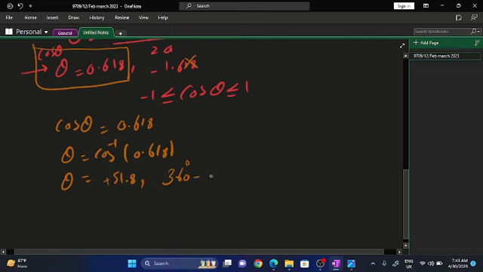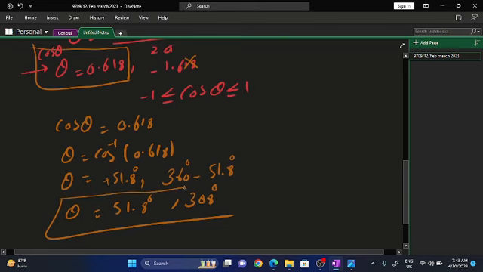So 360 minus 51.8 degrees is 308.2, approximately 308. So two values for this question: one is 51.8 degrees and the other is 308 degrees. That is the required answer for this question. Hope you understand.